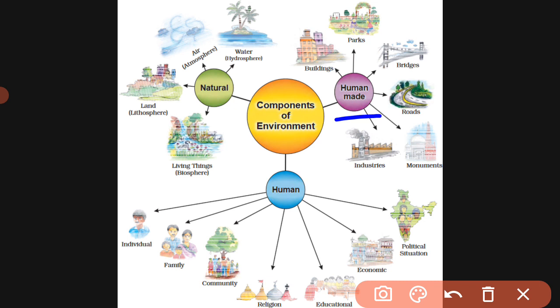We have also done the natural environment, in which we have done the lithosphere, atmosphere, hydrosphere, and the biosphere. So the third component of environment is human environment, in which we have the individual, family, community, religion, education, economic aspect, and political situation. We will read something more about the human environment on page number 6.